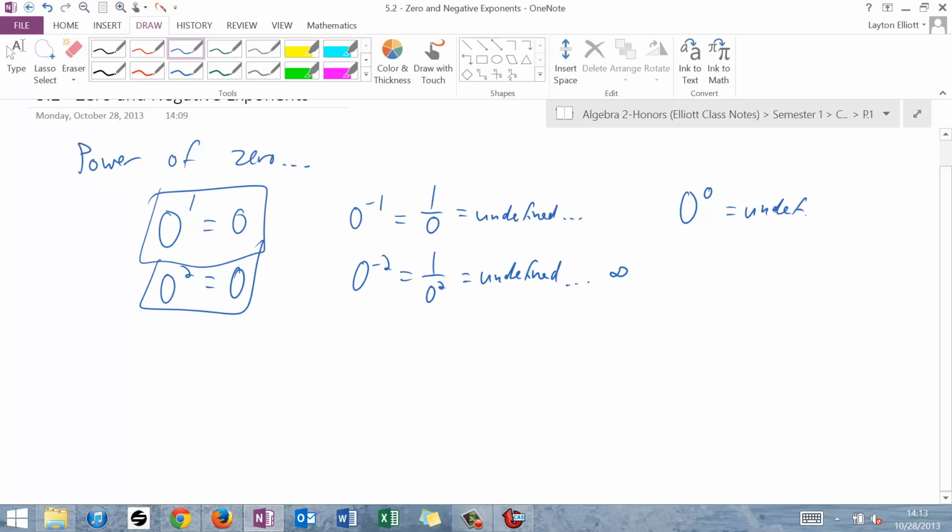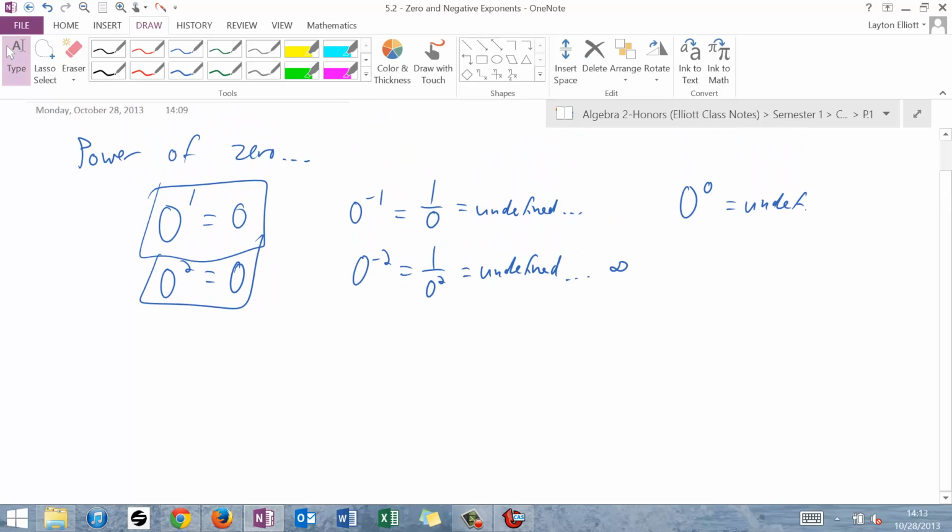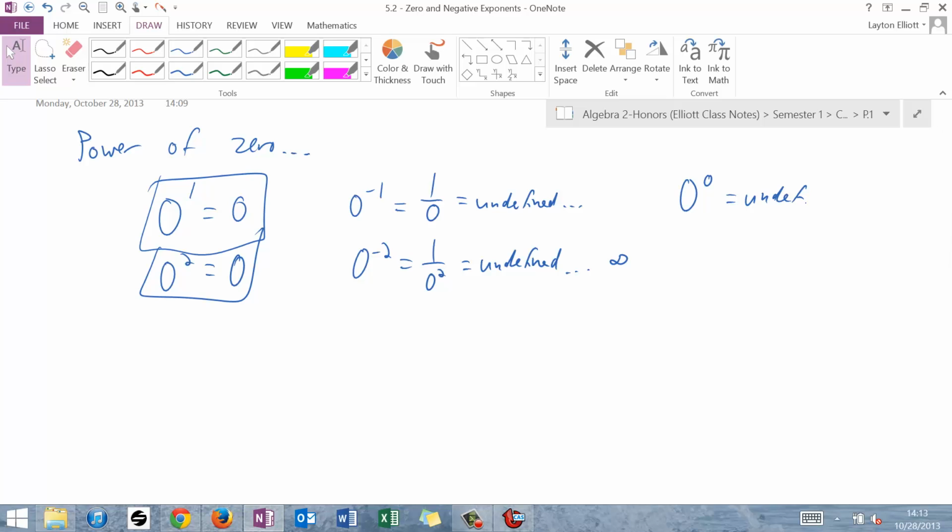So let's talk about what this means here. These are powers of 0. If I take this 0 to the negative 1, and that's undefined, we want to give a reason for that. Part of the reason is the rules of negative exponents.